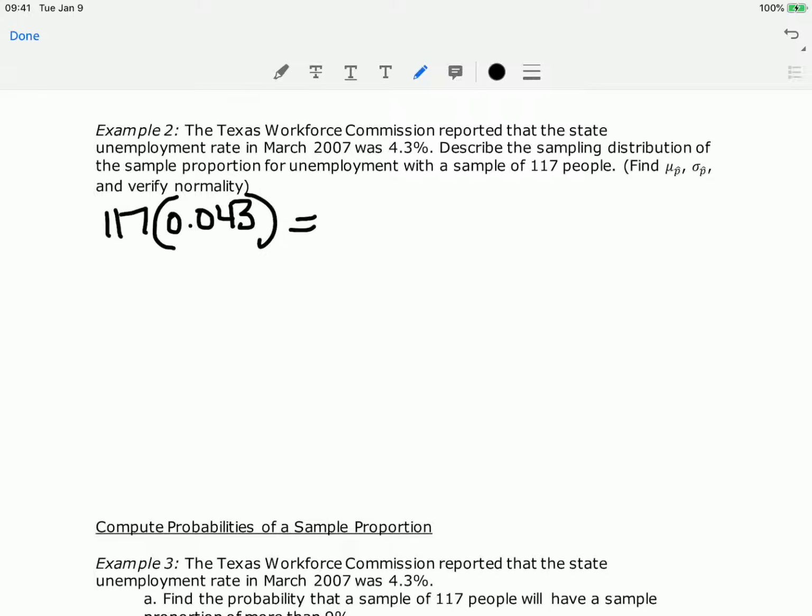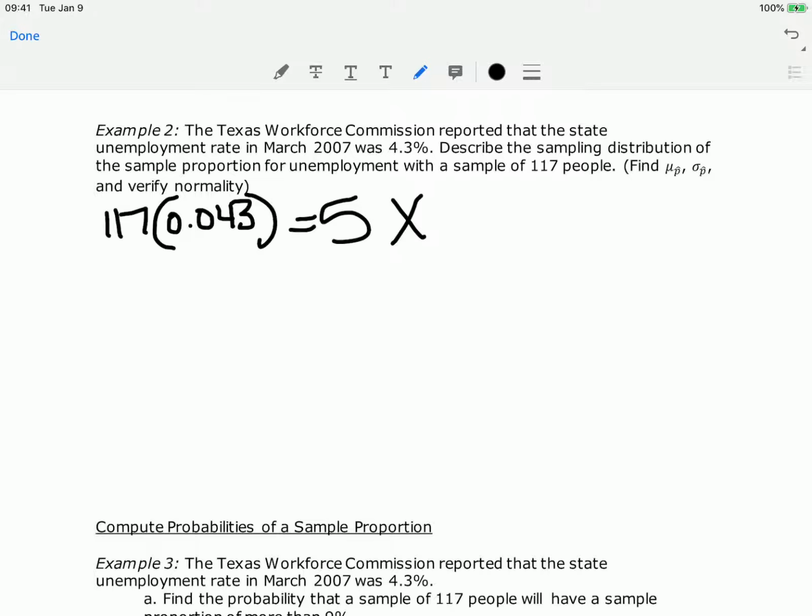And we need to verify that that value is greater than or equal to 10. And we get 5. So this is not normally distributed. Okay, so we've already run into a problem.